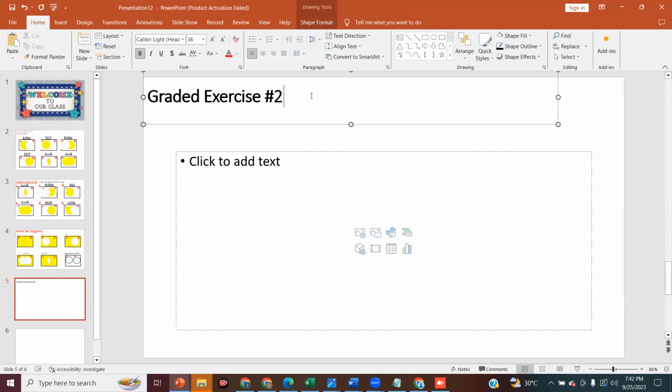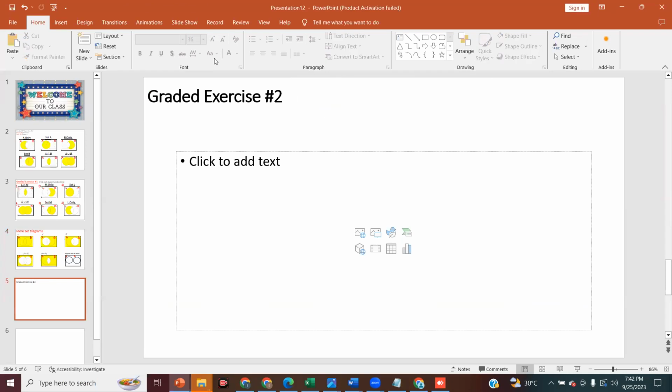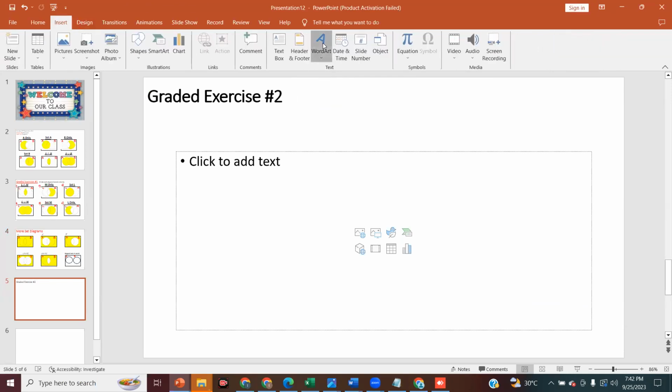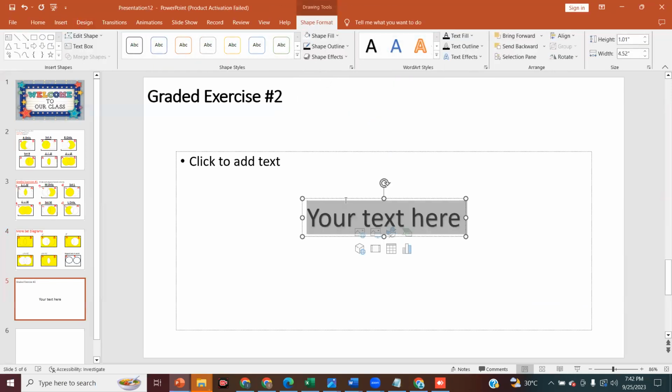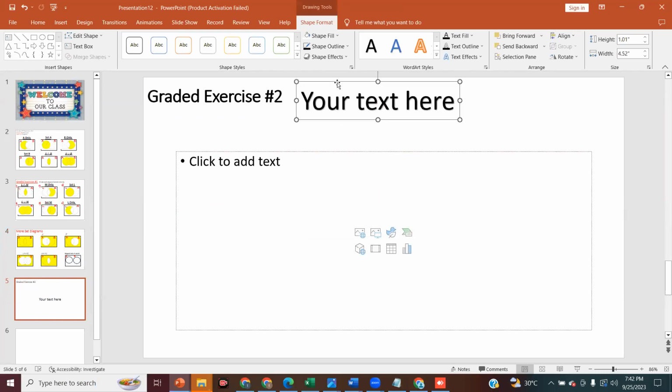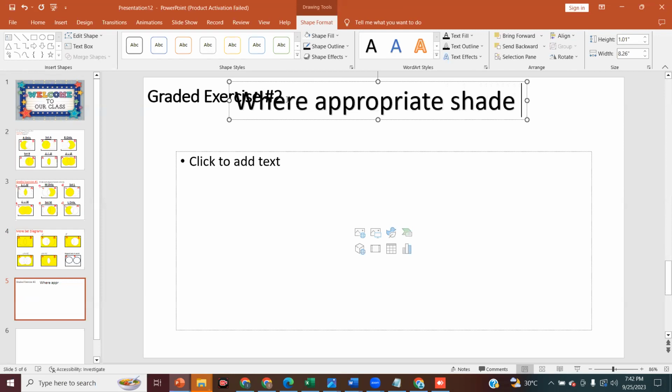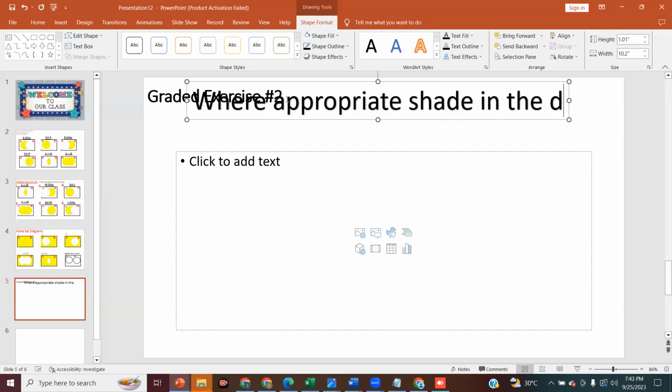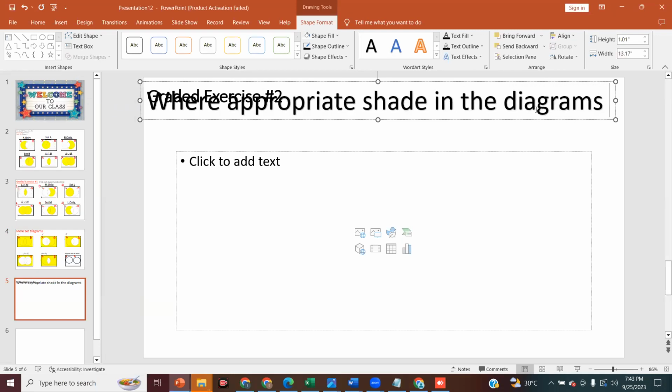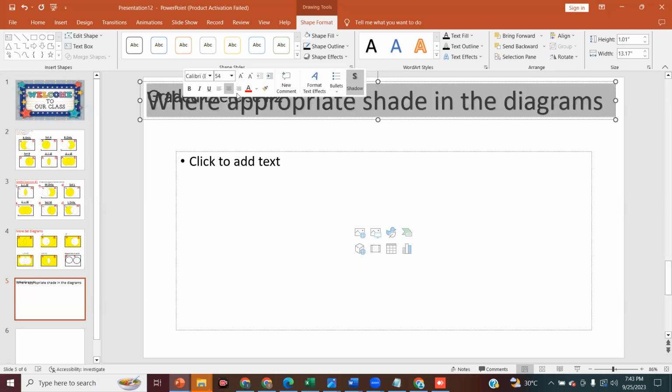So where appropriate, shade in the diagrams. All right, so let's make this smaller so you can see it.